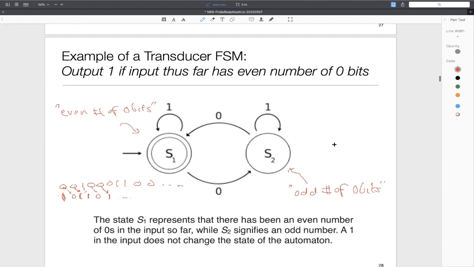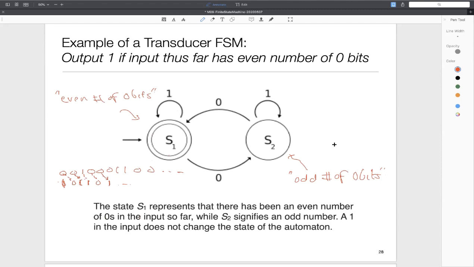State S1 represents that I have received an even number of bits, and state S2 represents that I have received an odd number of bits thus far. And therefore, I have to output 1 or 0 accordingly. This naturally seems to fall into a Moore type state machine, right? So while I am out here, let's say I have an output called out.